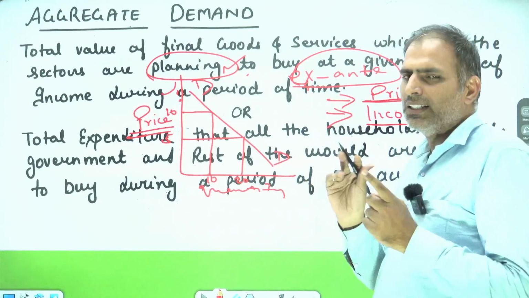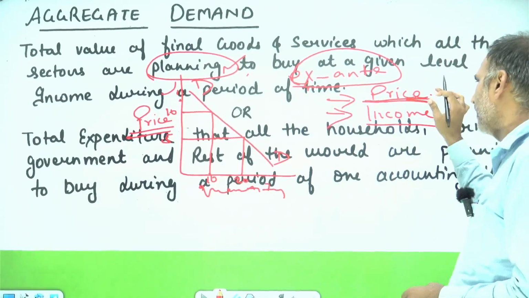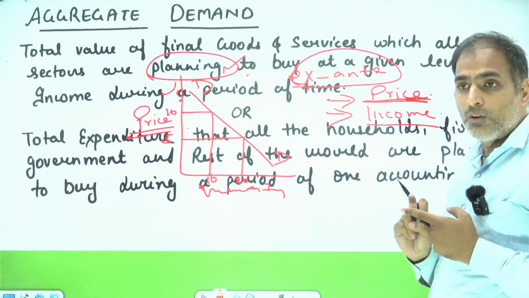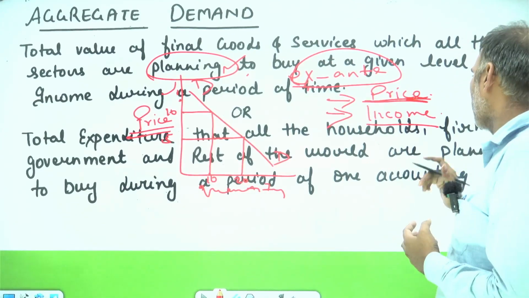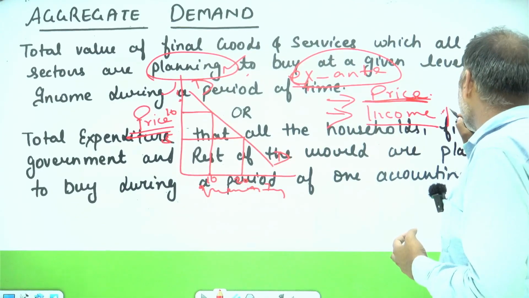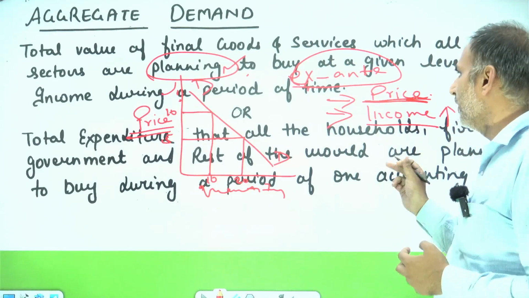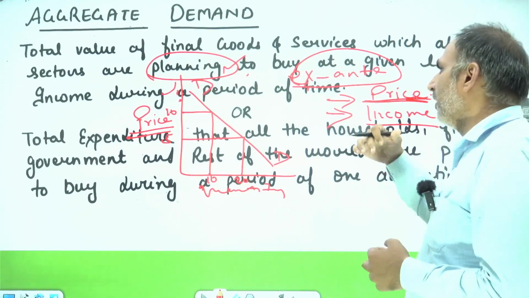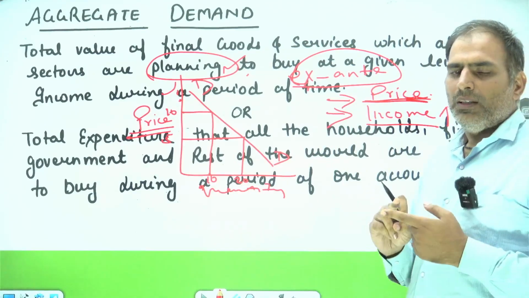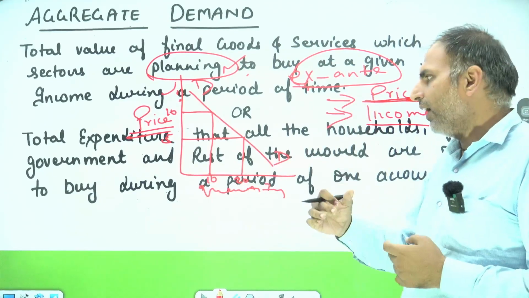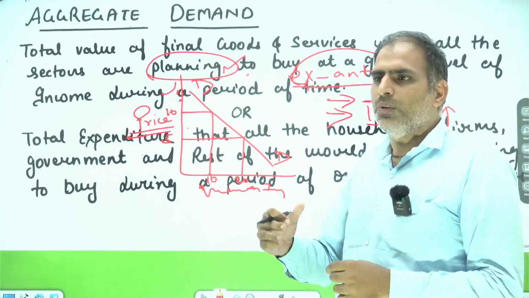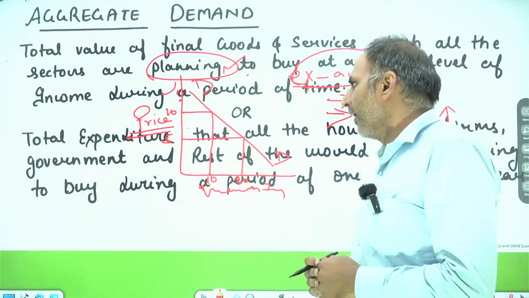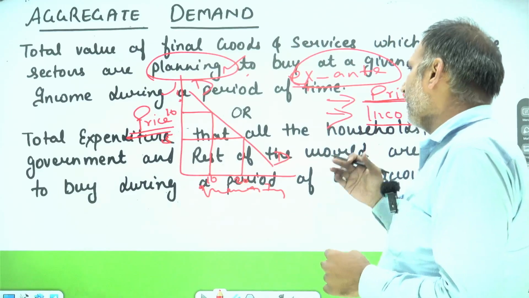With the level of price, there is an inverse relationship between demand and price. With the level of income, there is a direct relationship between income and demand. This means that if we earn more, we expend more. So there is a relationship that we need to understand.